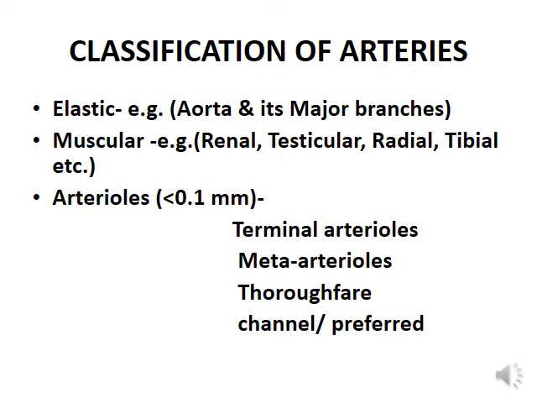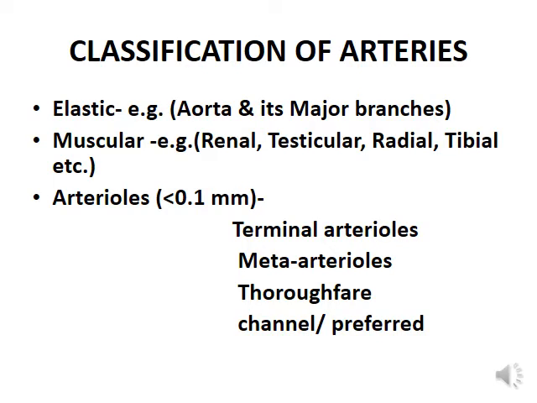So the classes of arteries, we've got elastic arteries, which are the aorta and its major branches, which are the main arteries which bring blood to most of the body.